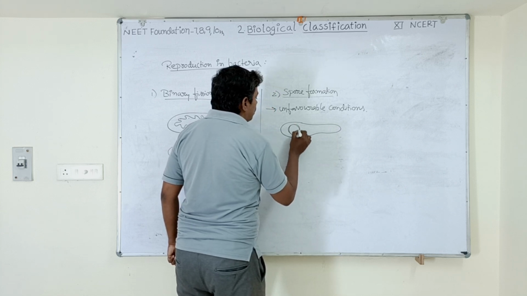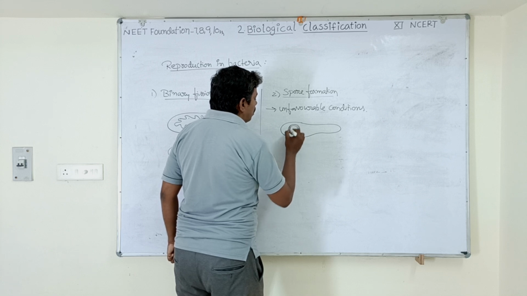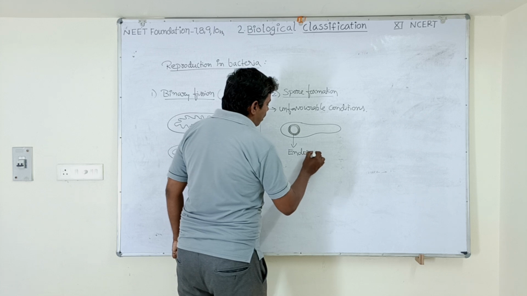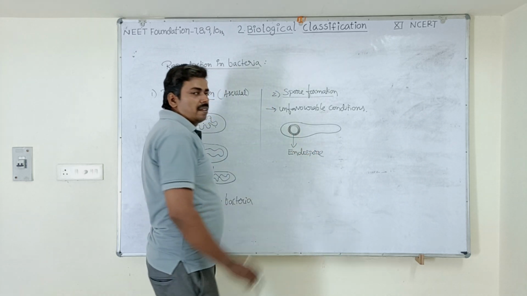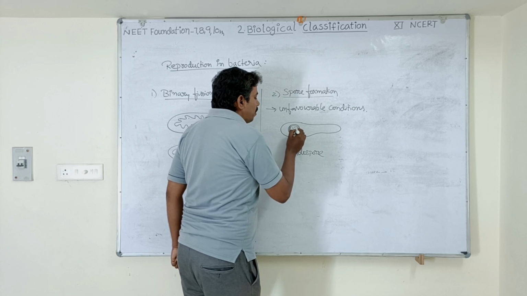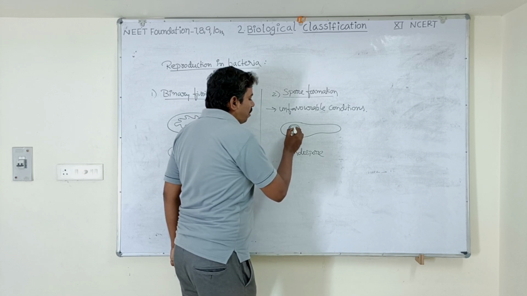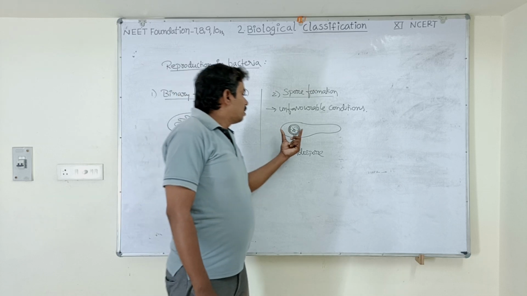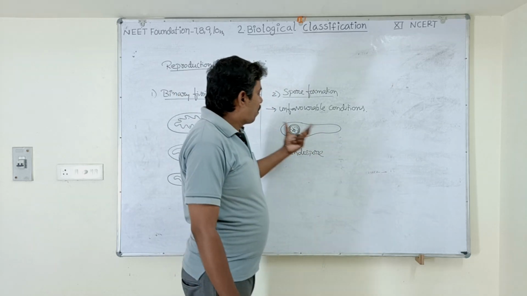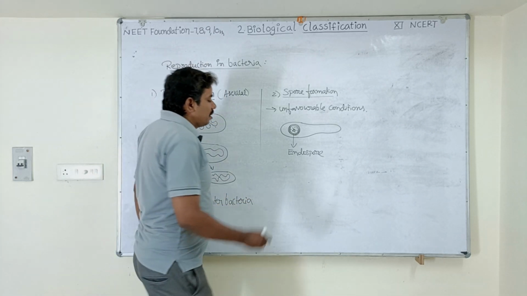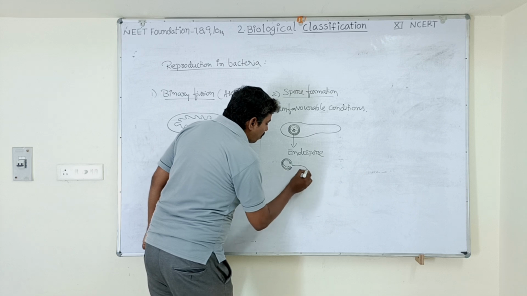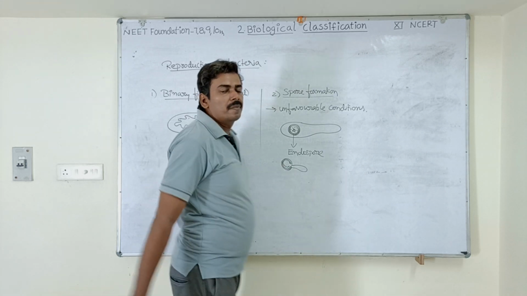Internally, the bacteria will produce a tough cell-walled structure called an endospore. Inside this endospore there will be cytoplasm and some amount of DNA. This endospore is resistant to unfavorable conditions, to high temperatures. When favorable conditions return, a small bacteria will come out of this endospore and start its life.